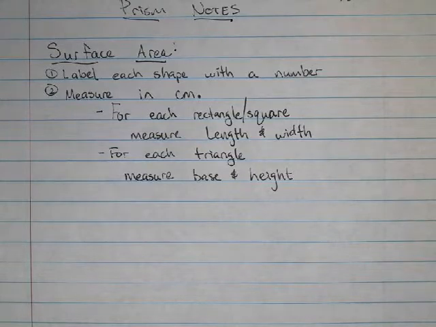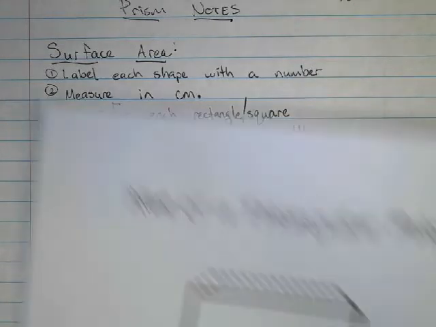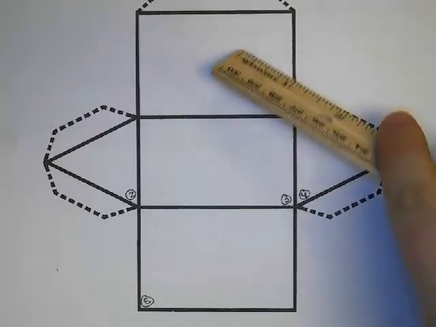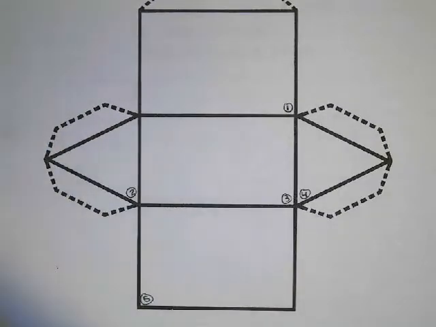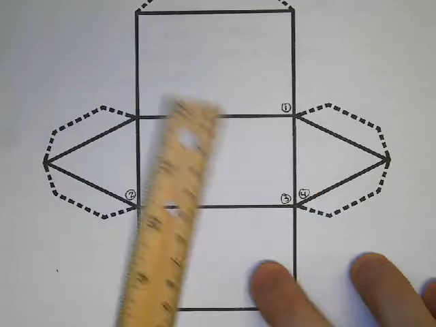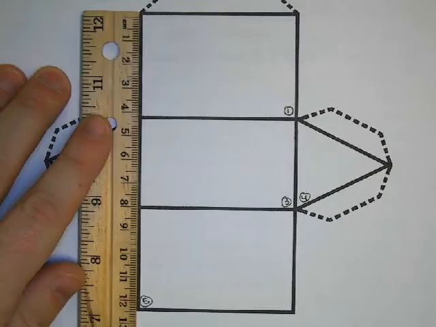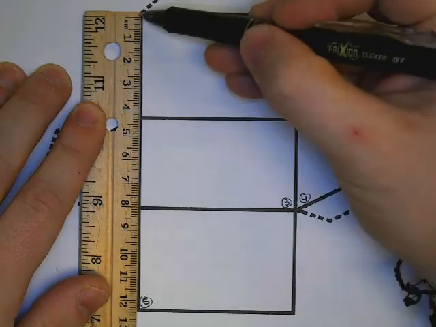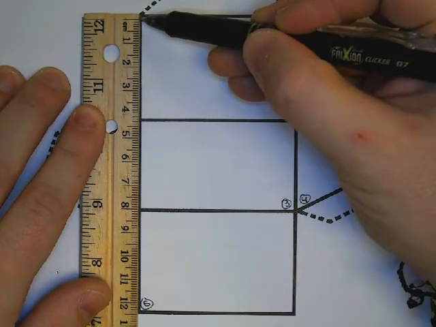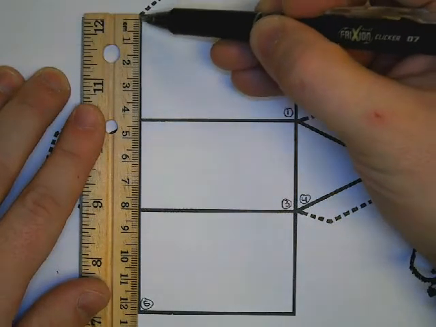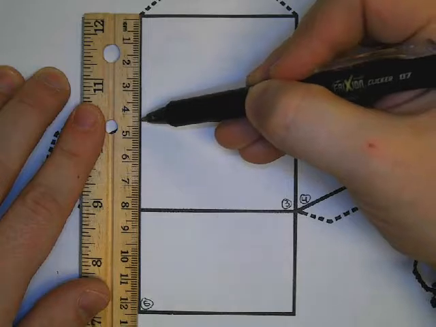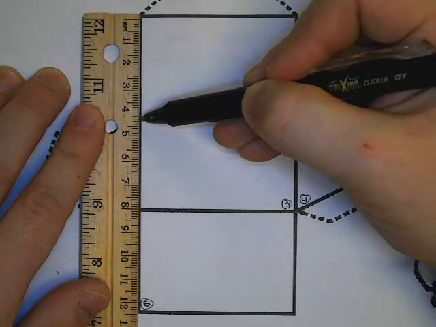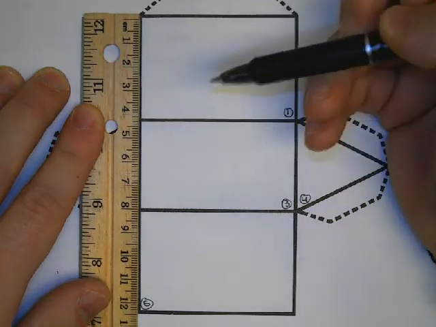So how we will measure is we'll take our prism, and for each rectangle, so there's 3 rectangles, I'm going to measure the length and the height in centimeters. So I'll line up my 0. That's this first mark right here on my ruler, and then we'll measure, and it looks like I have 4.3.